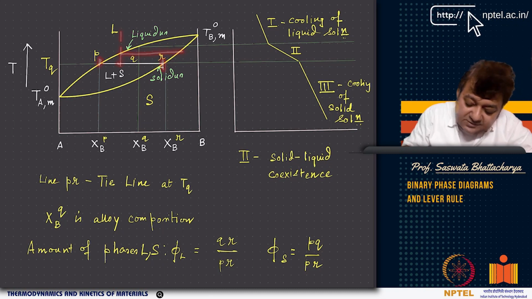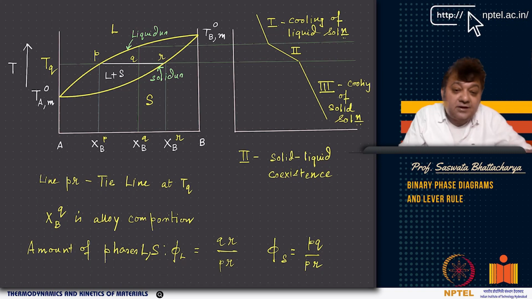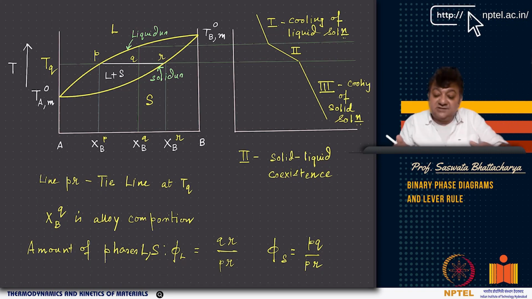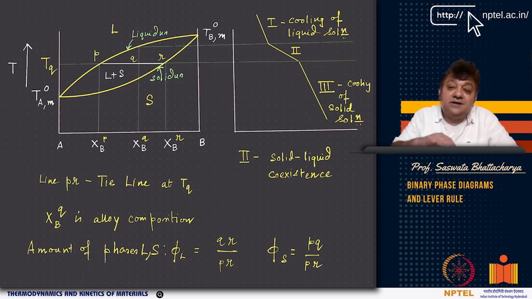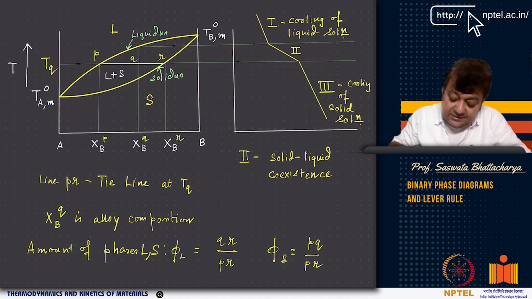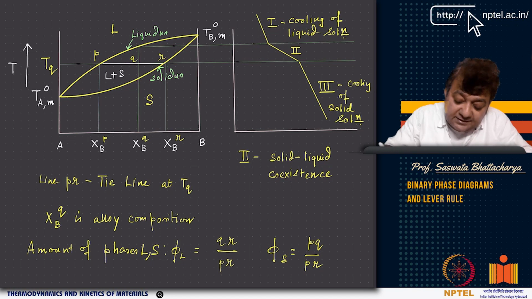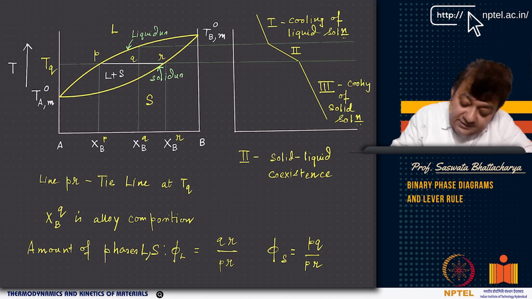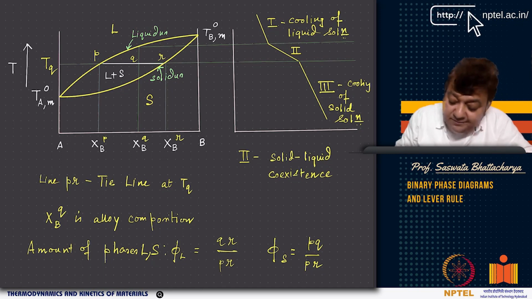If the composition has changed, then the cooling curve, because the conductivity has changed, everything has changed, cannot be a single horizontal line. You will have this sloping line and a continuous change in slope. This continuous change in slope happens for any alloy which lies between A and B. If you are in pure A or pure B, again you will see a horizontal line.